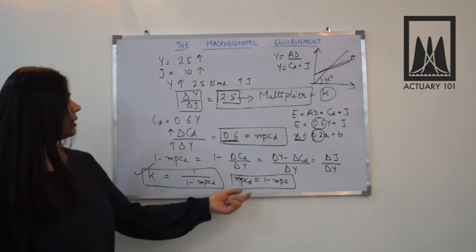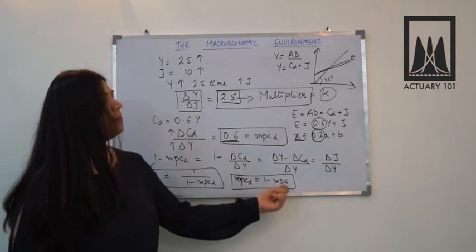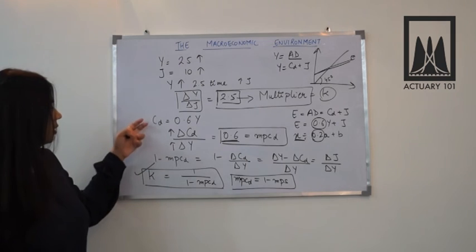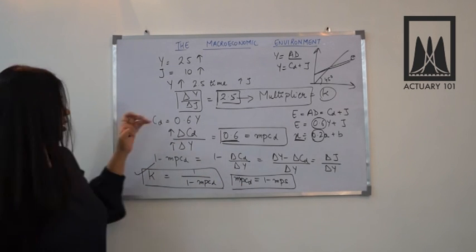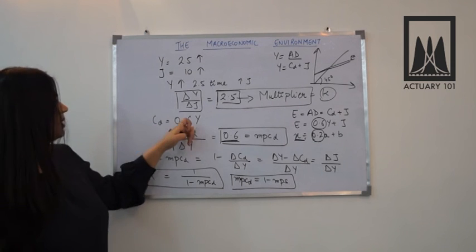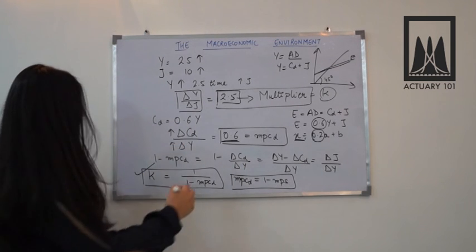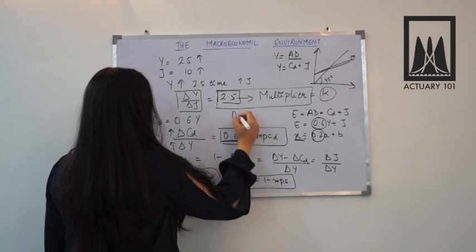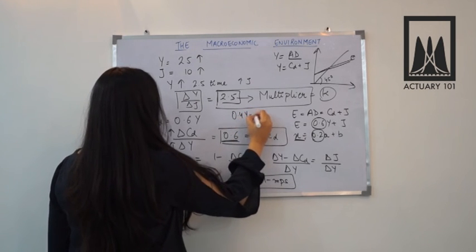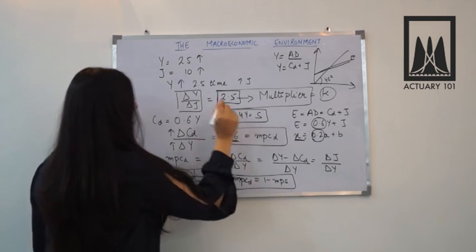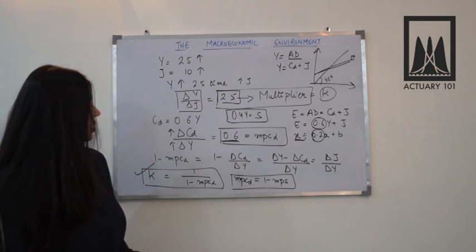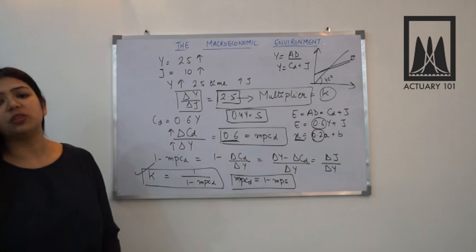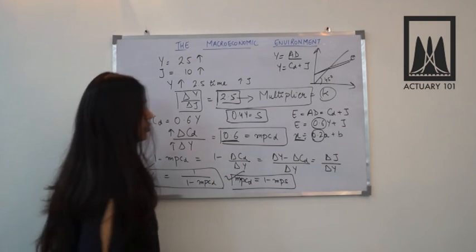So you can just say that 1 is equal to MPCD plus MPS. Whatever income you earn will either be consumed or saved. So if consumption is 0.6Y, then 0.4Y is our savings, if we ignore everything else in the economy. So we get this relationship, which is important for solving questions.